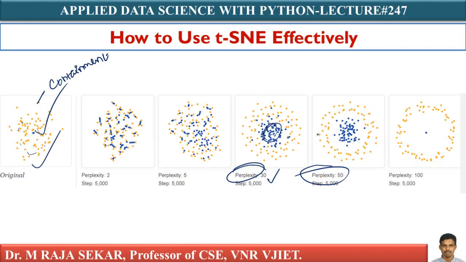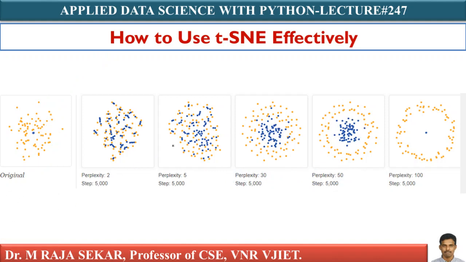As I increase my perplexity, I get a sense of what's happening without exactly replicating the result. Even in the case of perplexity equal to 50, it's replicating, but not exactly replicating this result, isn't it? Now I can say one thing I already discussed, but I will discuss it again.